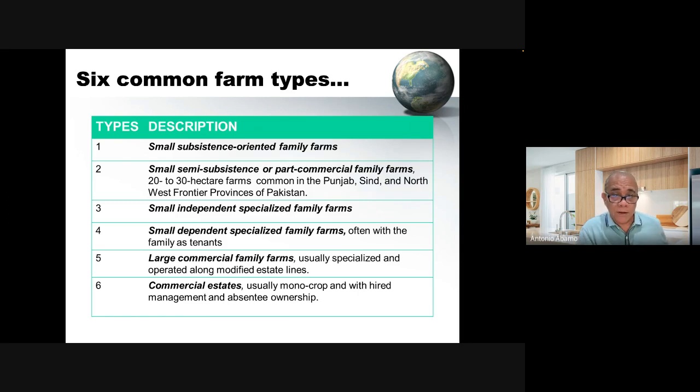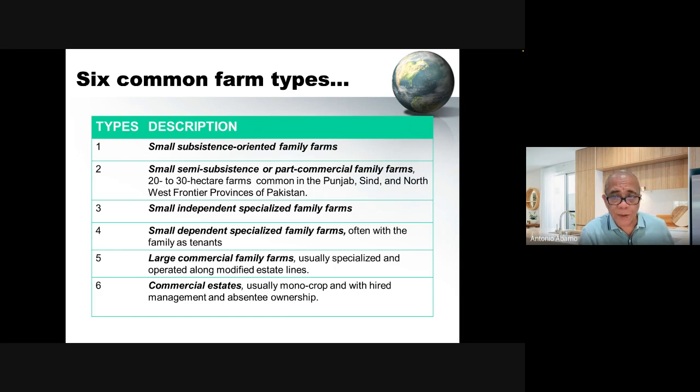And there are also large commercial family farms, and there are commercial estates, fully independent. A commercial estate has a legal personality of its own, a kind of corporate farm. But for large commercial family farms, the legal identity is attached to the owner.